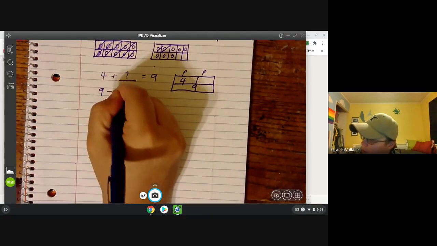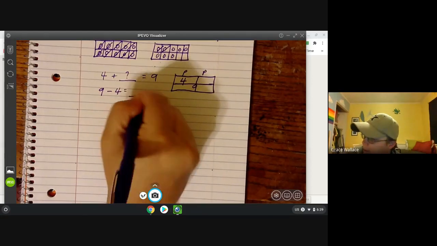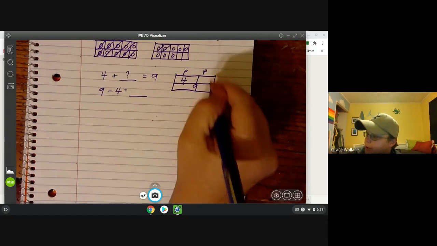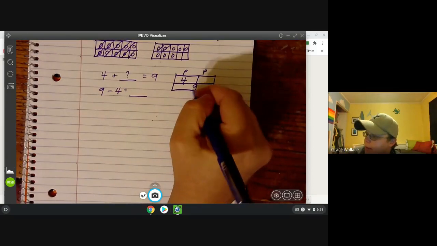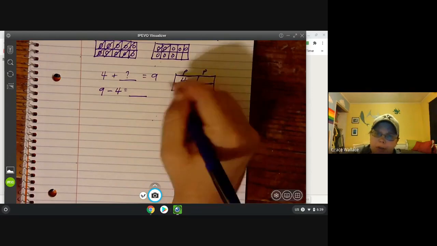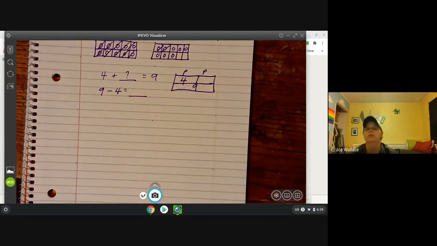Because I know the total, I know one of the add-ins, and I'm trying to find the other add-in. So remember, this is what we did yesterday. If I took that out, 9 minus 4 would be whatever goes here. We should know this related addition fact. If we don't, then we need our related subtraction fact. Then we need to make sure we're practicing our basic facts at home.